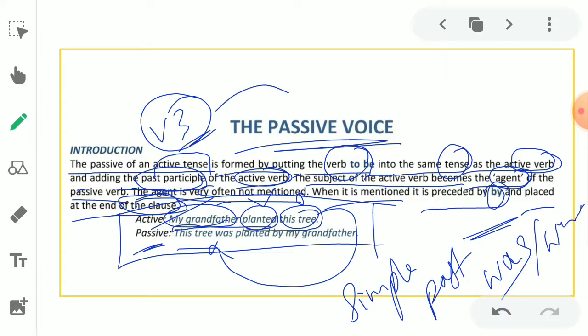This tree is singular, so you have to select was. So you write: this tree was planted.